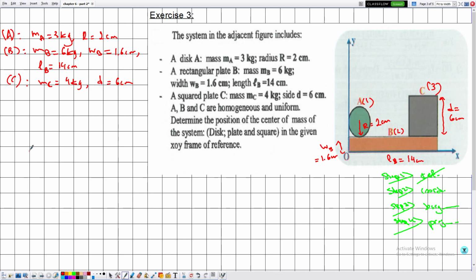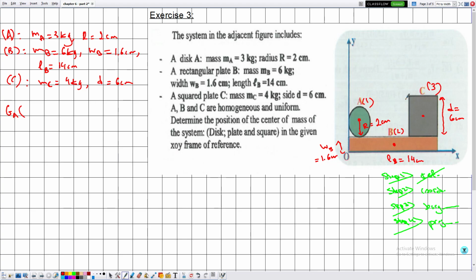So in this case, the coordinates of GA, corresponding to body 1. So these bodies are of uniform mass or uniform density. So the center of gravity of A is simply at the center. This is also at the center, and this is also at the center here. Okay.